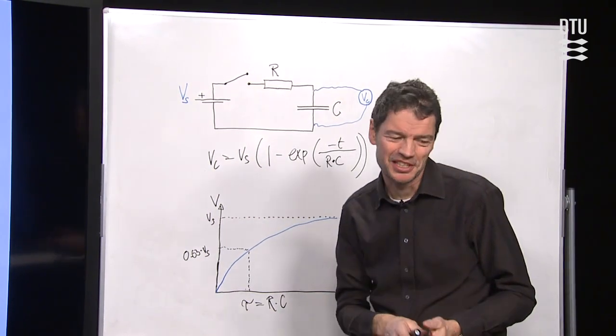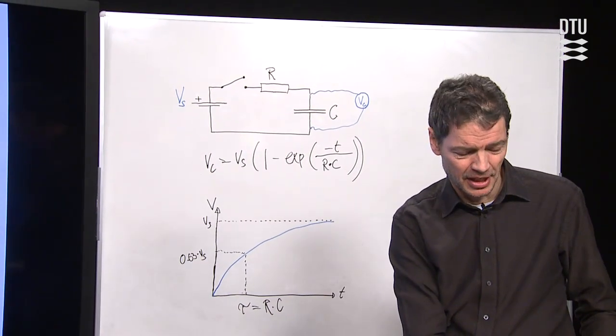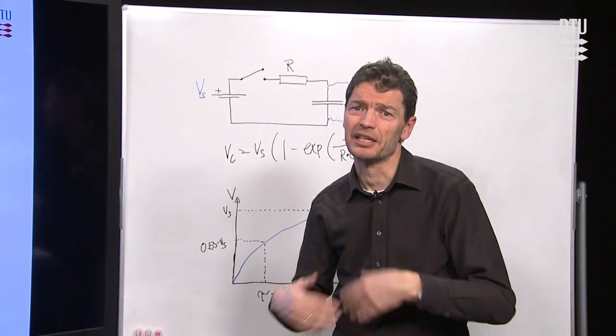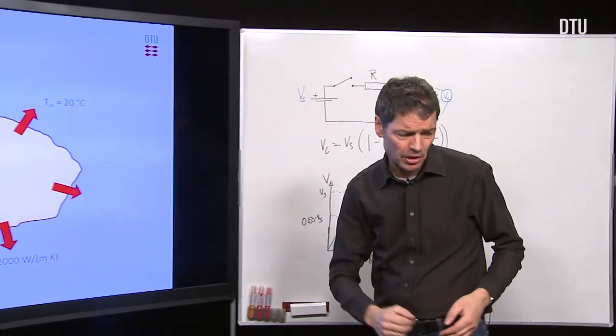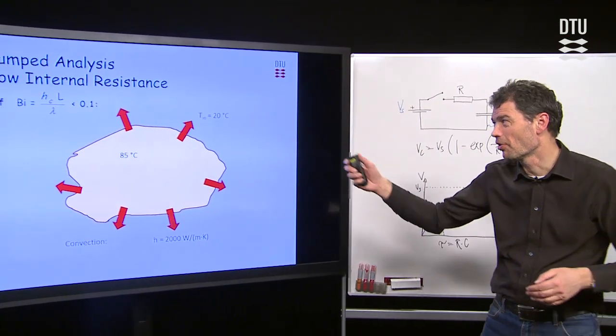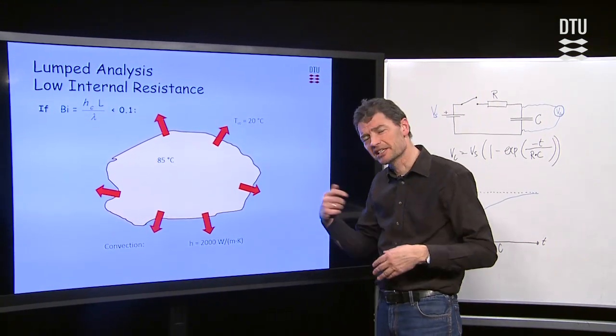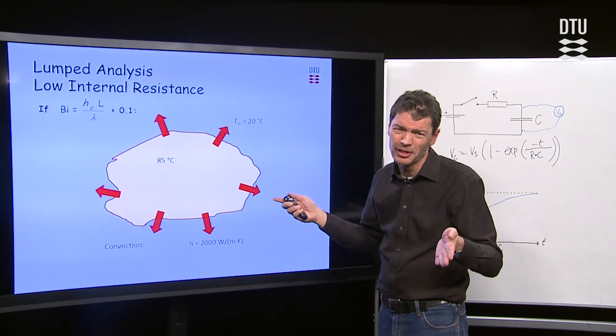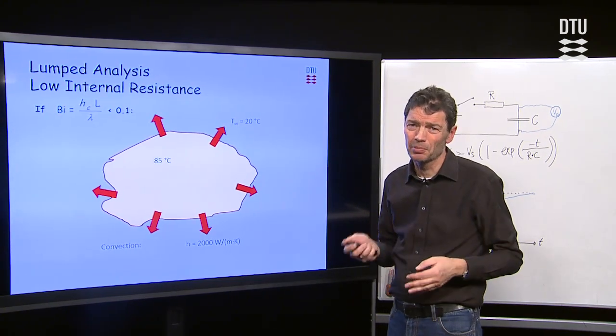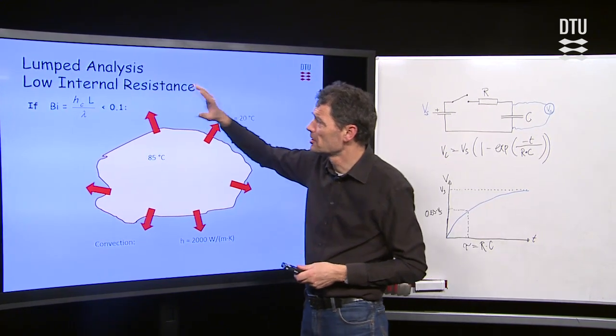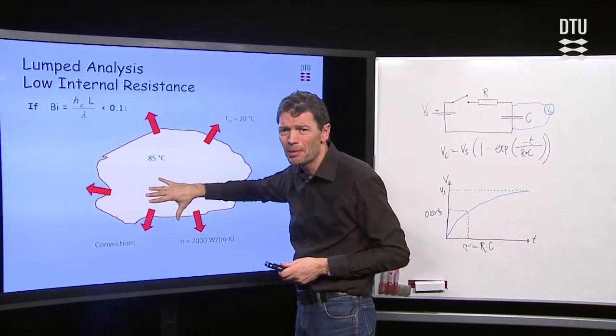Now that was electricity, and we're going to talk about heat and moisture and air. So therefore, I'll now go to the PowerPoint, which I have over here. If we take an example which you may have learned in our previous course on thermal building physics, we talked about a lumped analysis where we have a lump of material.